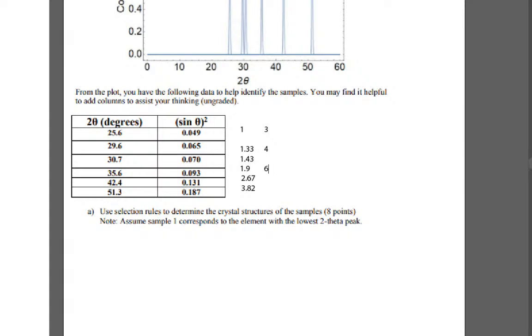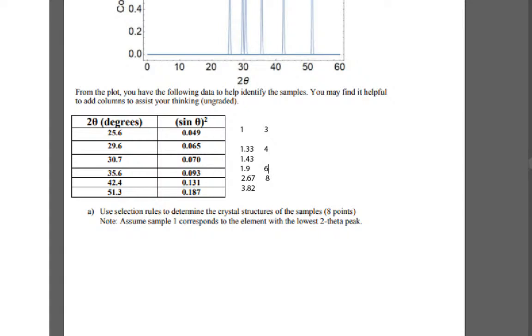Oh wait, that's a different one. That is around 8 over 3, so that's 8. 3.82, that is a random one. But then what I also realized was this one and this one here were similar.